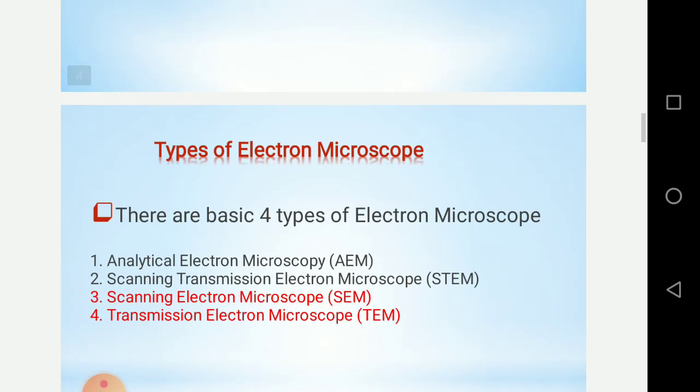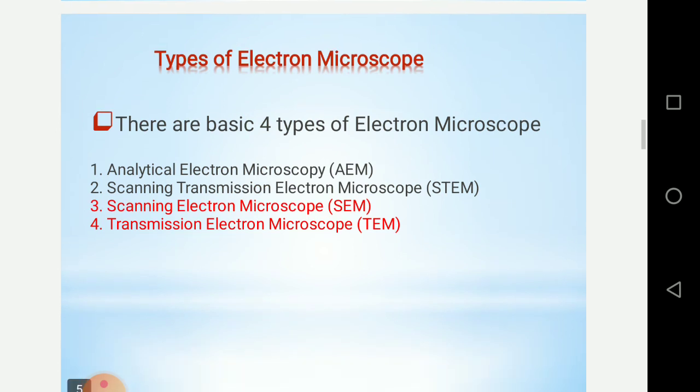Types of electron microscope. So this was basic and general about the electron microscope. There are different types of electron microscope, and here we basically have to concentrate on two types, that is the scanning electron microscope and the transmission electron microscope.